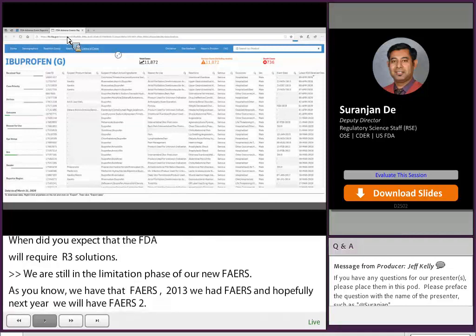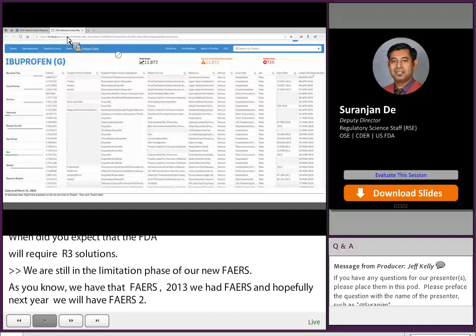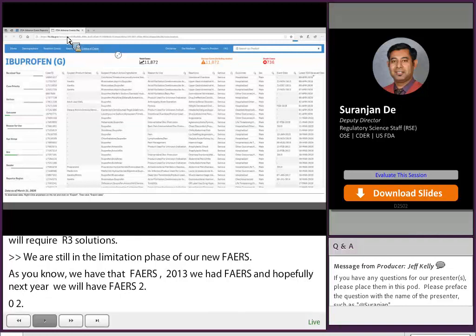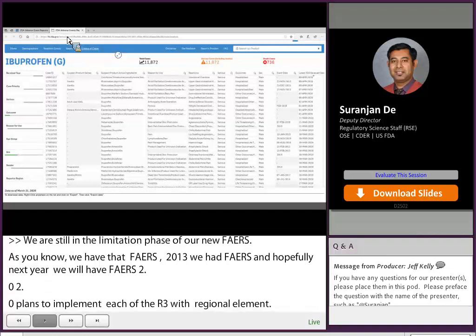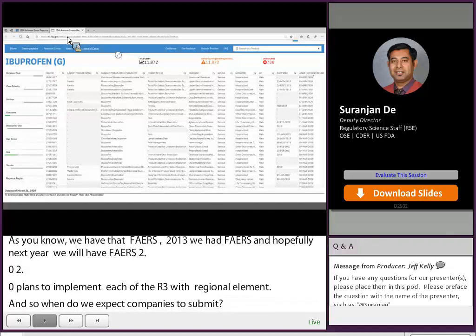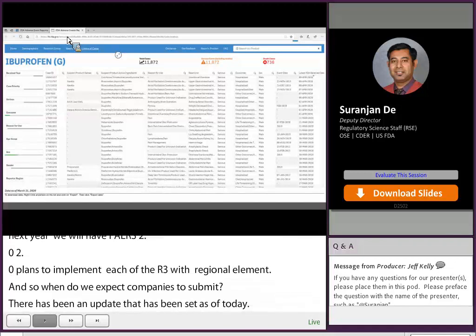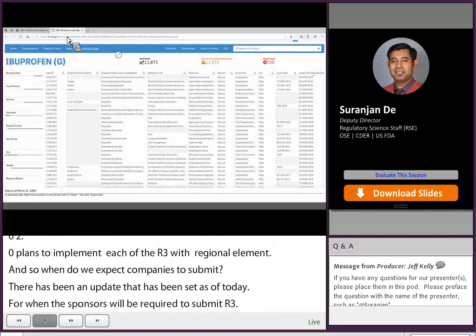So when do we expect companies to submit? There has been no date set as of today for when sponsors will be required to submit R3. More communication will come on where we are with our FAERS implementation and our R3 implementation specifically.